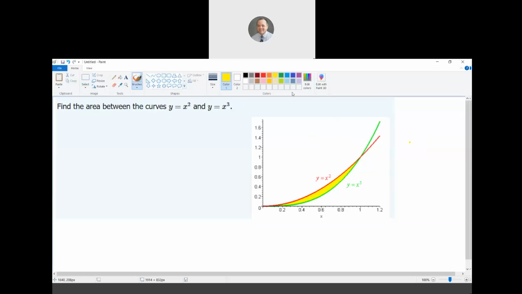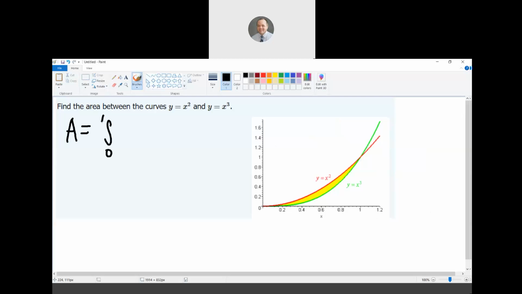Find the area between the curves y equal to x squared and y equal to x cubed. And we can tell, according to the graph, that our boundaries go from 0 to 1.